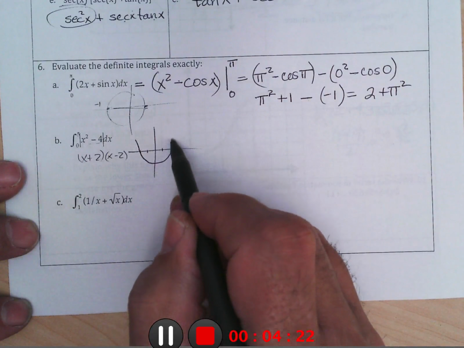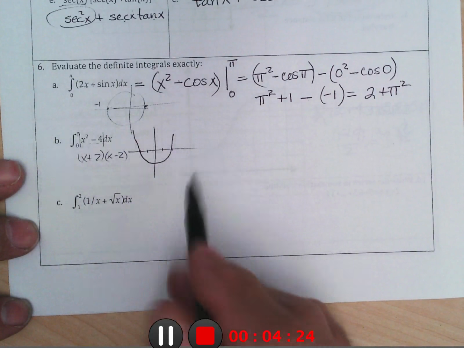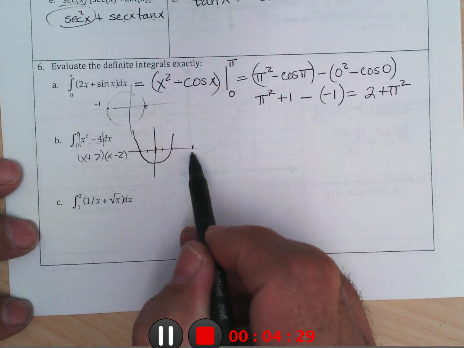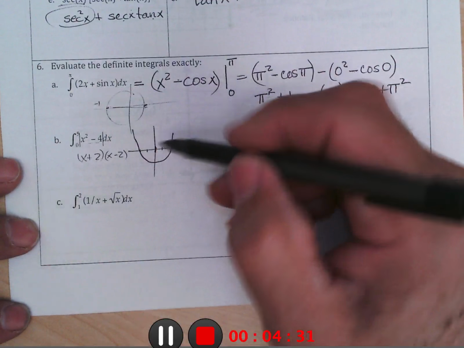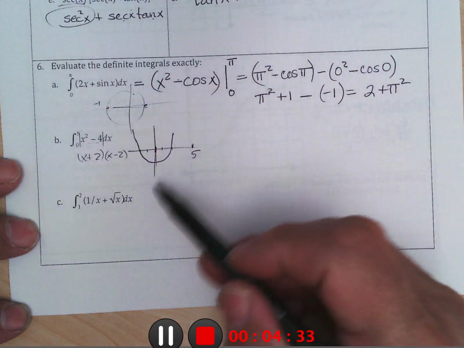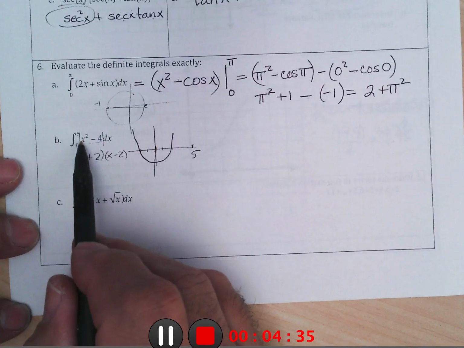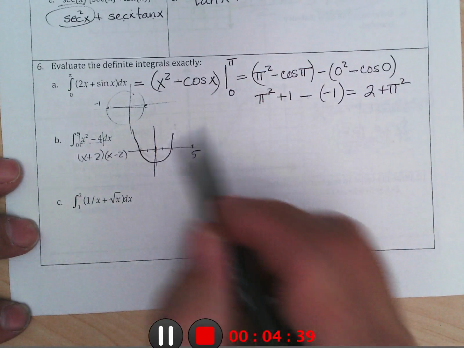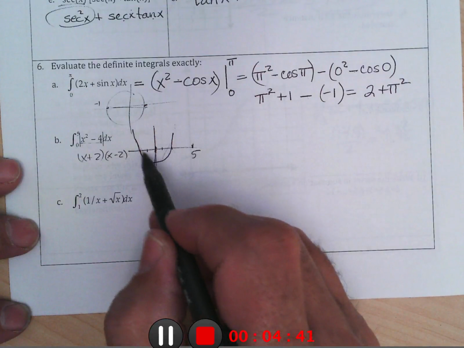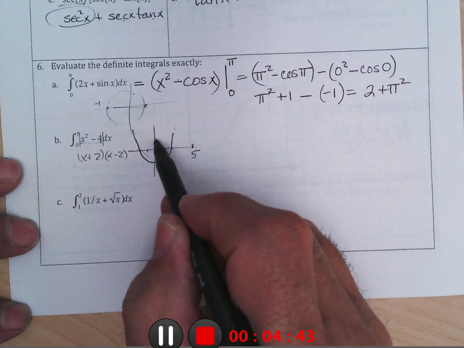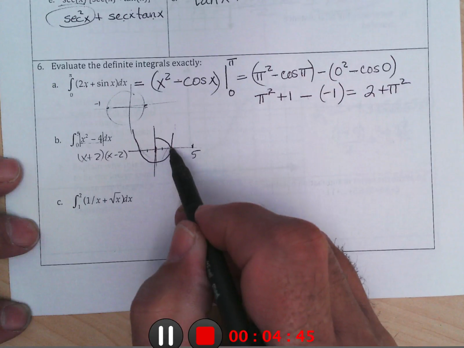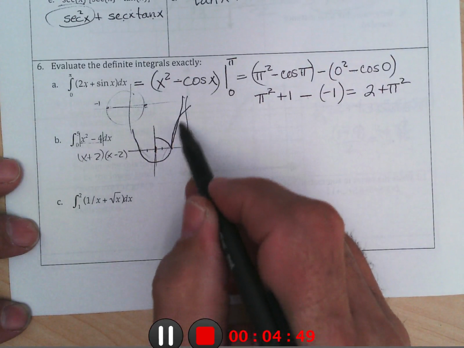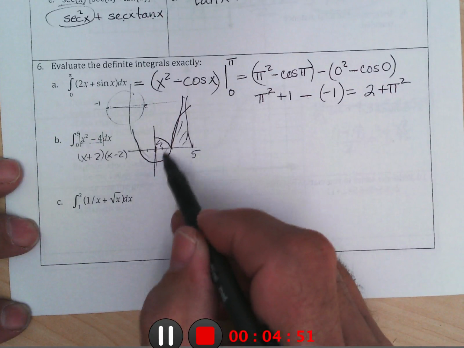It's going to look like this, and we're supposed to go from 0 to 5. And we're taking the absolute value of this, so everything that goes negative is positive, so it goes like this. So we've got positive area here, and we've got to change this to positive because of the absolute value.